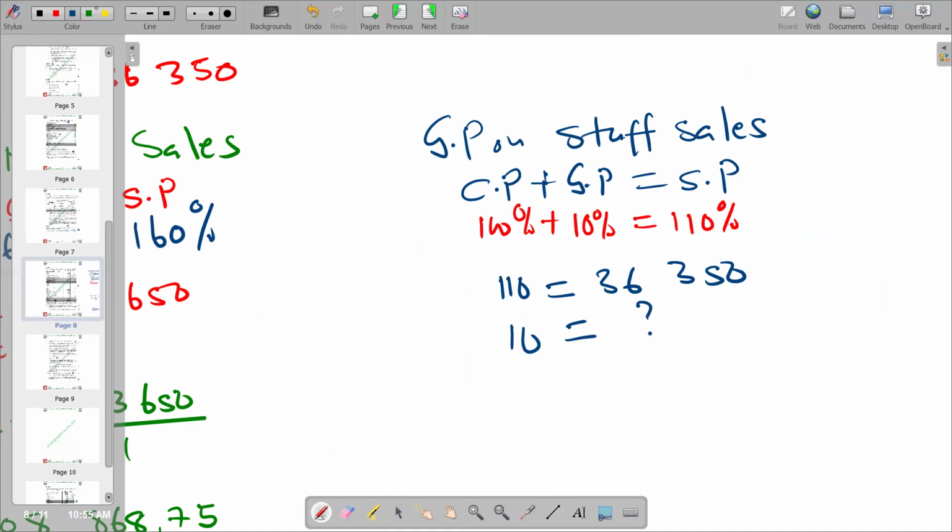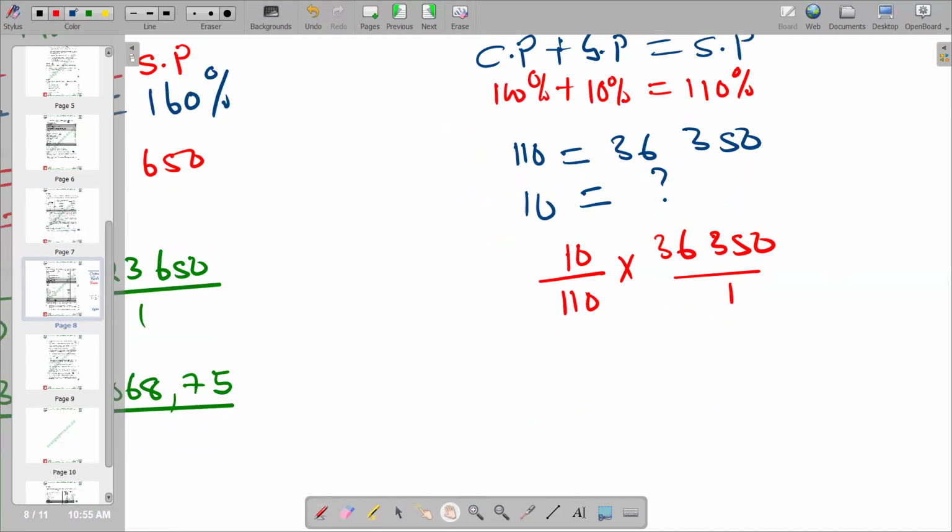So we just make our simple calculation by saying what we don't have is 10% over what we have, which is 110, multiplied by the given figure, which is 36,350. So we make that calculation to see that the answer we get according to two decimal places is 3,304 and 55 cents.